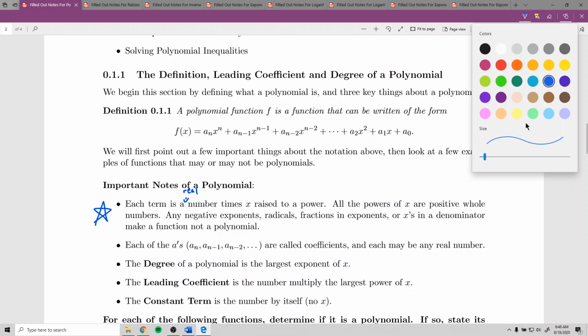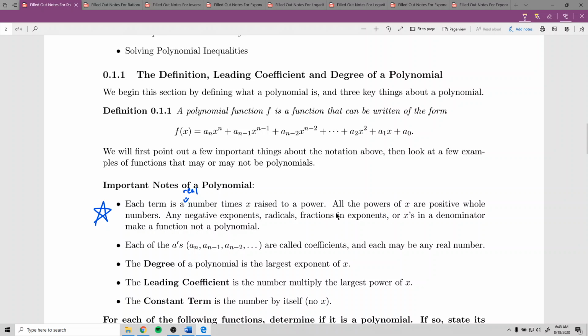Specifically, the powers of x are positive whole numbers, positive integers. You cannot have negative exponents, you cannot have radicals, you cannot have fractions in exponents, and if you do have a fraction, your x can't be in the denominator. You can have numbers in the denominator, but not x.